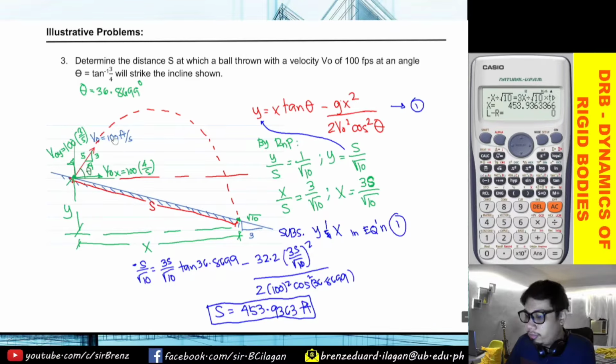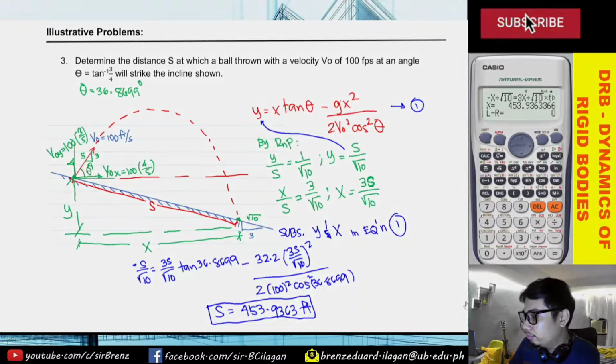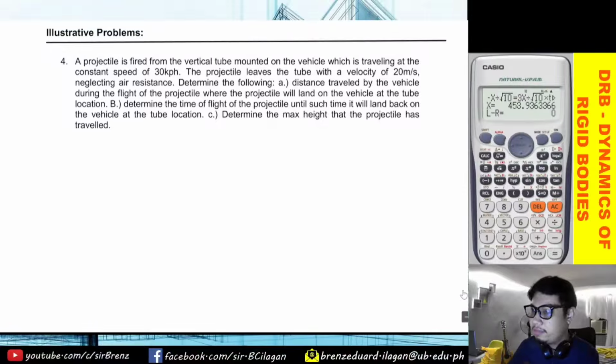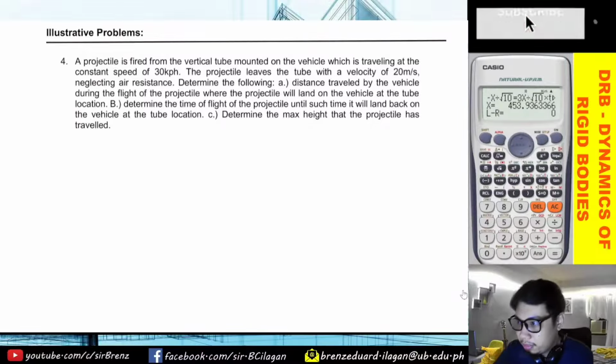Okay guys, so let's proceed with problem number 4. So a projectile is fired from the tube mounted on the vehicle which is traveling at a constant speed of 30 kilometers per hour. The projectile leaves the tube with a velocity of 20 meters per second, neglecting air resistance.